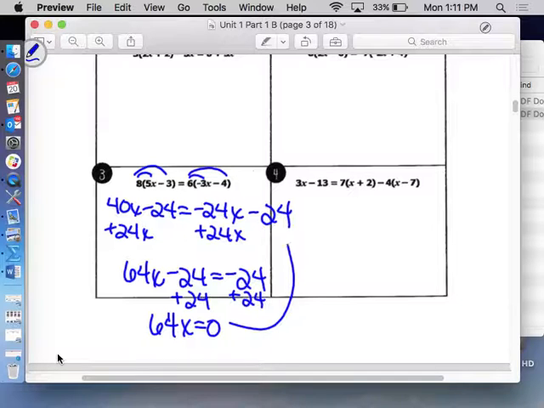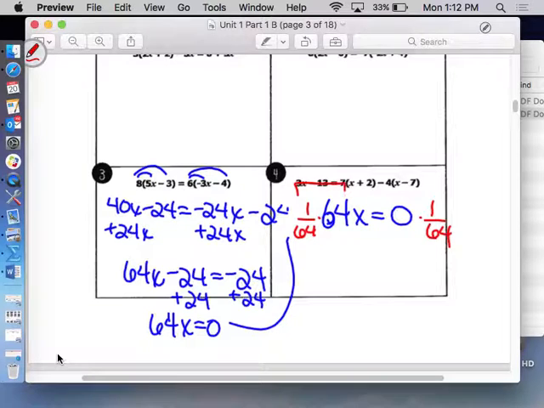So I'm going to move my work up here just so I can analyze. 64x equaling 0. So now I'm going to multiply both sides by 1 over 64. And I notice that I've got the multiplicative inverses here, leaving me with 1x, or just simply x.